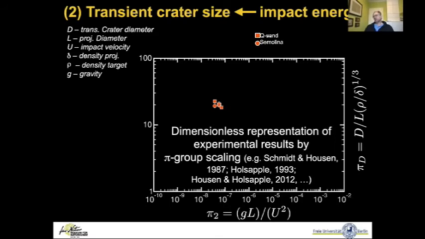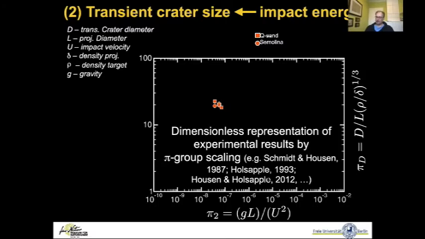Running this sort of experiment also allows us to make predictions, put into so-called scaling laws. In the literature, you find this under the name pi group scaling, and that goes back, well, actually it comes from explosion cratering, but using the same mathematical approach for impact cratering has been done by Schmidt and Housen and Holsapple.